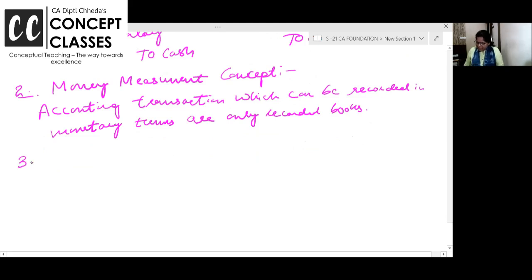The third one which we did was periodicity concept. Write down. Periodicity concept.